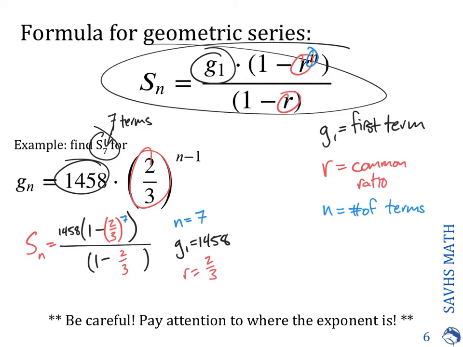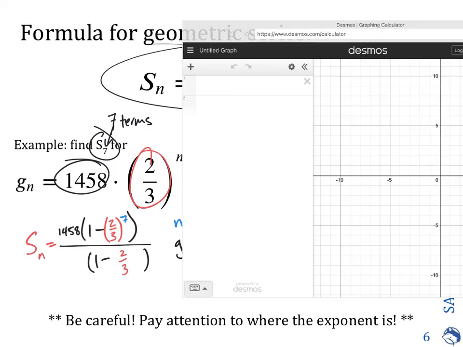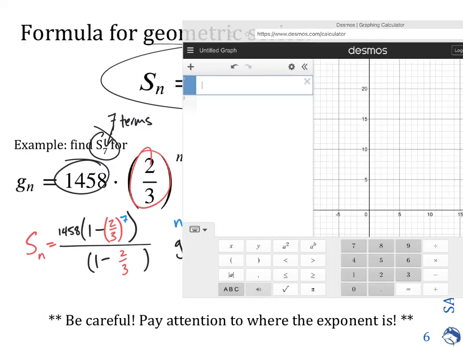So what do we get when we do that? Okay, so here's desmos.com/calculator. You're definitely welcome to use this here. I'm going to do the dividing first to get the fraction, and then I just type what I see. So 1458 times 1 minus parentheses 2/3 to the 7th.